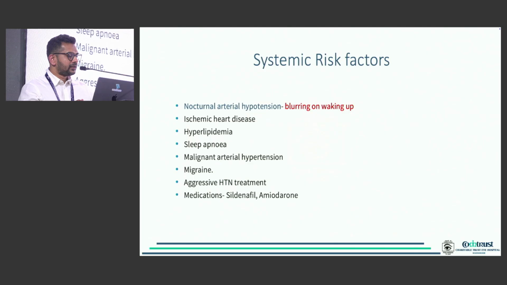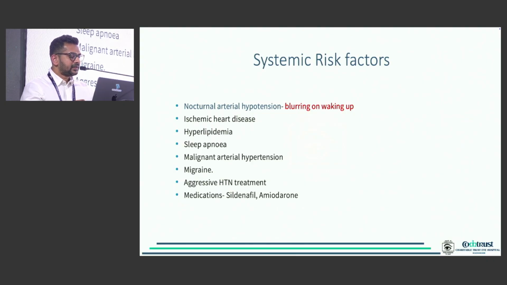Coming to the systemic risk factors, nocturnal arterial hypotension is considered one of the major risk factors. That's why the patient develops blurring on waking up. Aggressive hypertension treatment can again worsen the nocturnal arterial hypotension. Other systemic risk factors include ischemic heart disease, hyperlipidemia, sleep apnea, malignant arterial hypertension, migraine, and aggressive hypertension treatment.